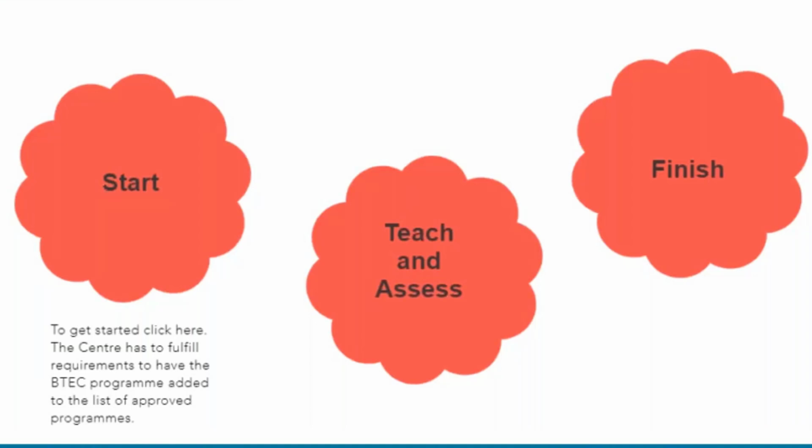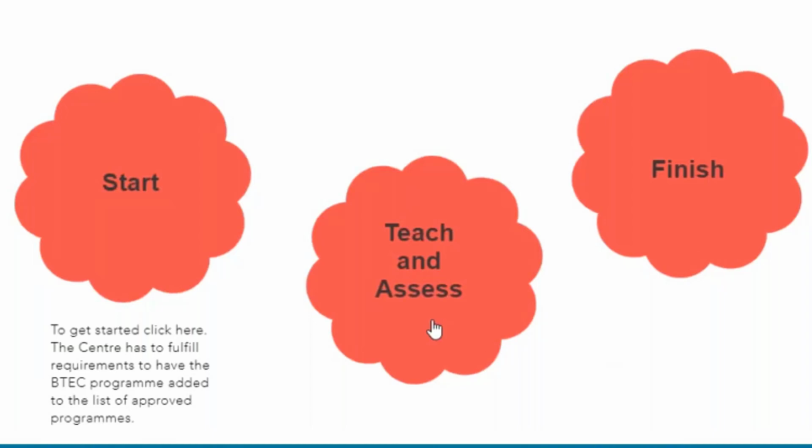So that's the start. The end, of course, is where you've come to the point where you want to certify the students, and you claim the awards for the students. So you could think of this at the beginning of their year 10, and this is going to be in the summer of their year 11 if you're doing a standard 2-year delivery.